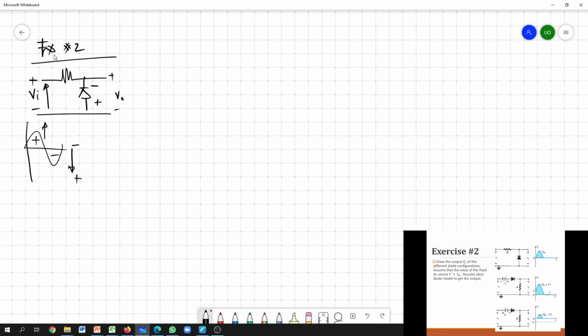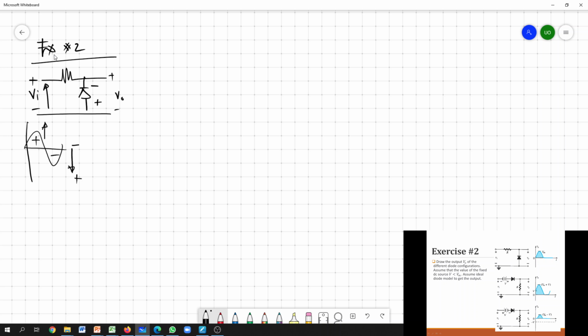That's why we stick to the sign convention. Your input and output voltages are marked like that. If you have a negative voltage, you can draw it in the negative direction with respect to the sign convention. Here plus, here minus means if you get a negative voltage, it has to be like this.